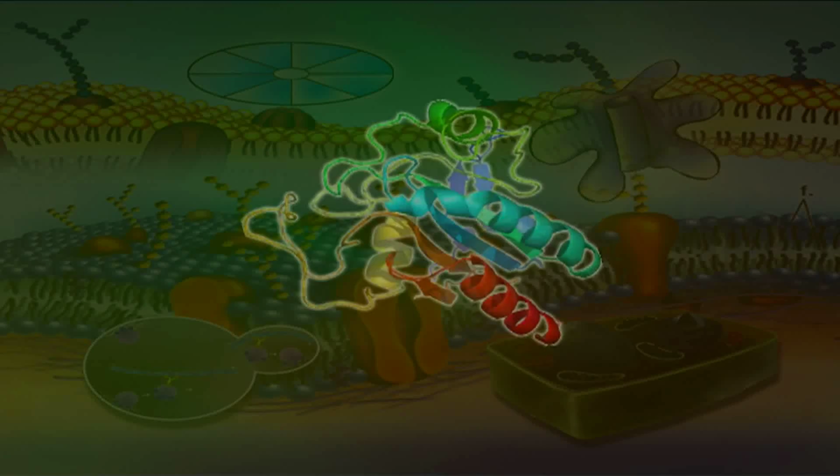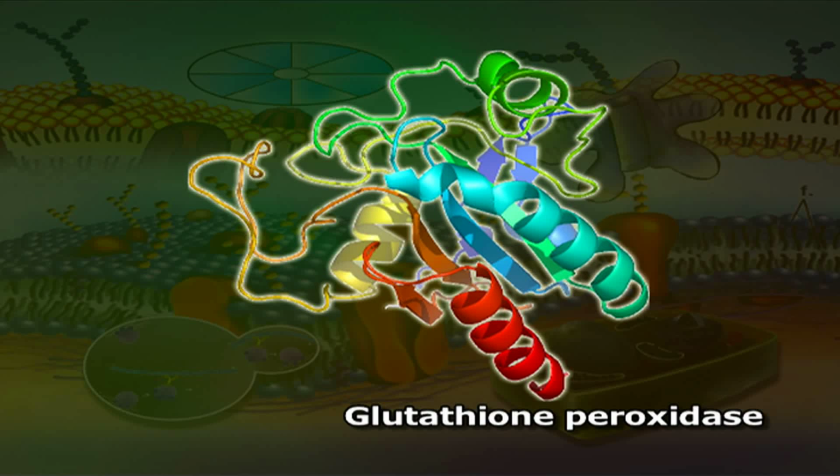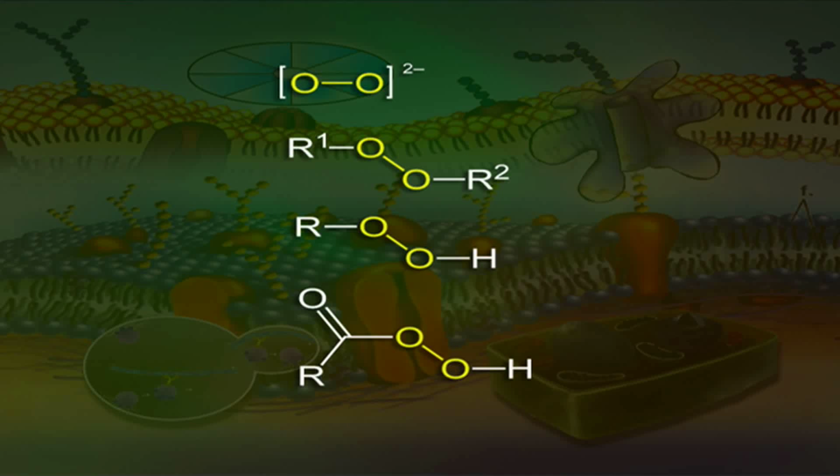Catalase deals with the high amount of hydrogen peroxide generated by the peroxisomes. Other enzymes like glutathione peroxidase are capable of metabolizing organic hydroperoxides and also hydrogen peroxide in cytosol and mitochondria. Superoxide anion production in cytosol and mitochondria is regulated by SOD, that is superoxide dismutase. All these enzymes are present in higher levels in aerobic tissues.